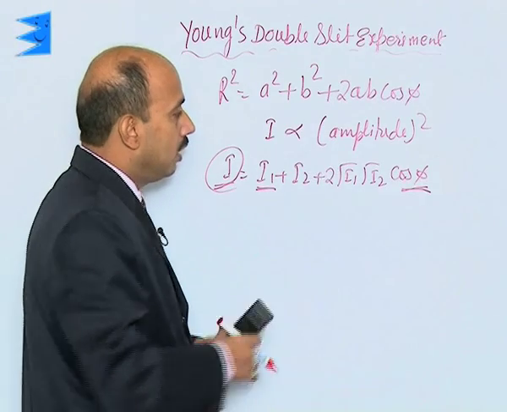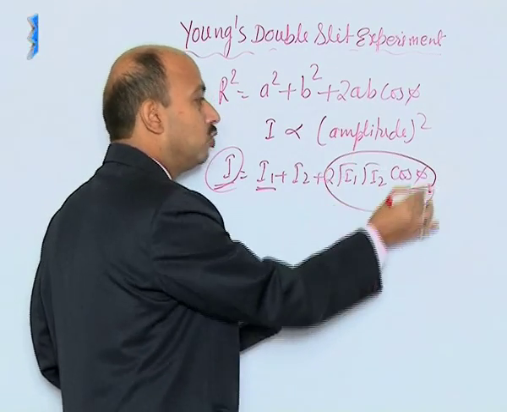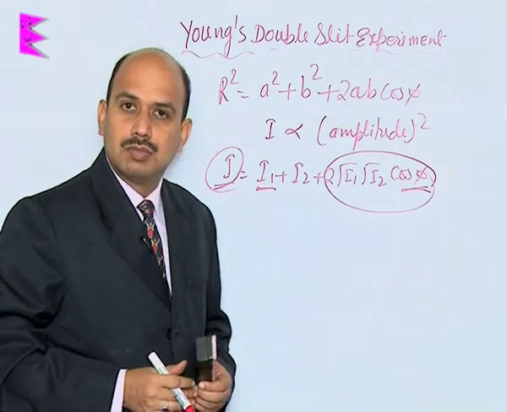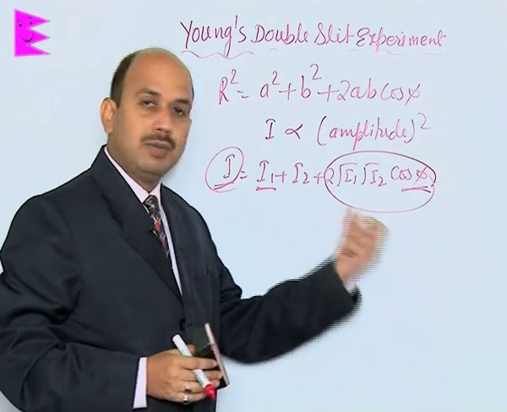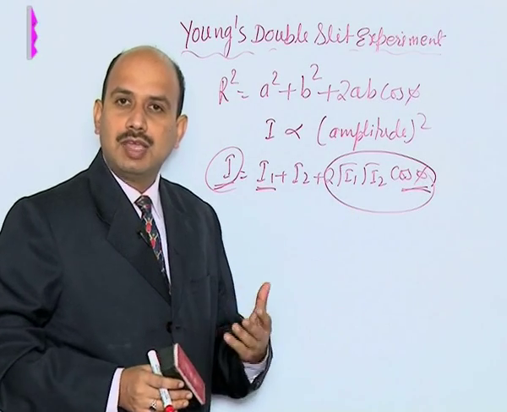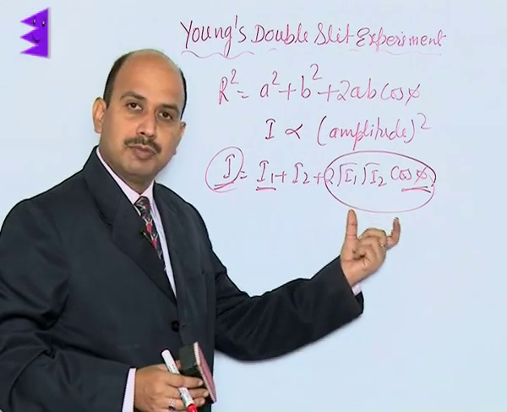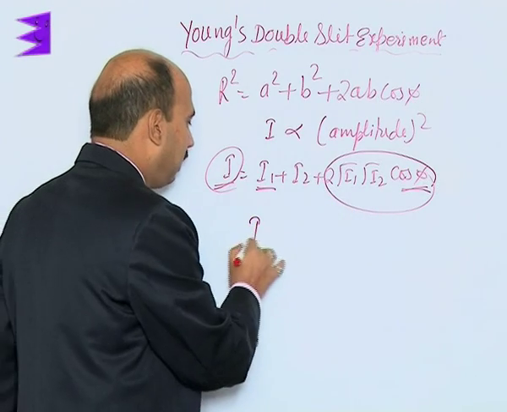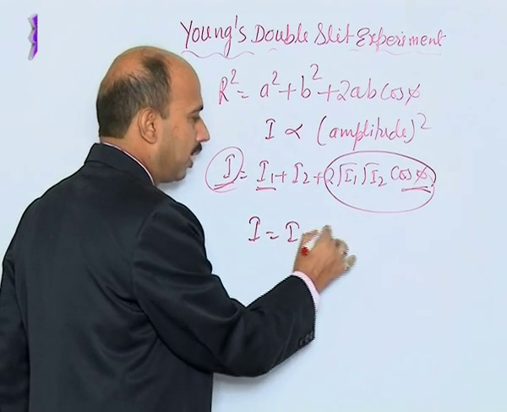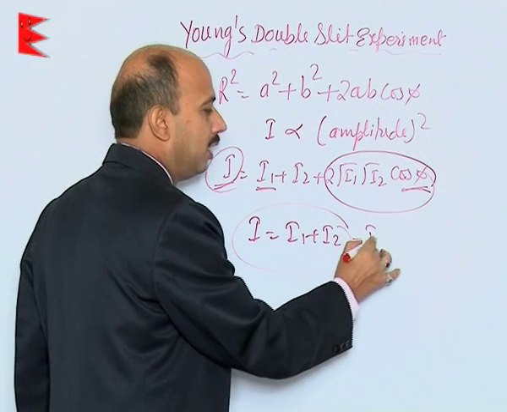Now, this term is known as the interference term. If this term is available in the equation, it means interference is taking place. Suppose this term is missing, then the intensity will be I is equal to I1 plus I2, and that is the case of incoherent sources.